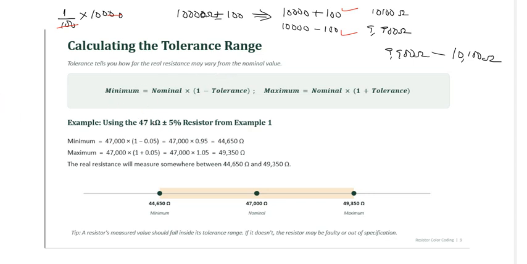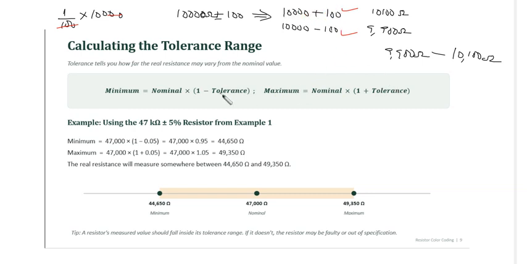Now, a simple formula based on simple mathematics can be applied. If you want to calculate your tolerance range, you can use this formula. The minimum value is equal to the nominal value multiplied by 1 minus tolerance. The maximum value is equal to the nominal value times 1 plus tolerance. It's exactly what we have done here.